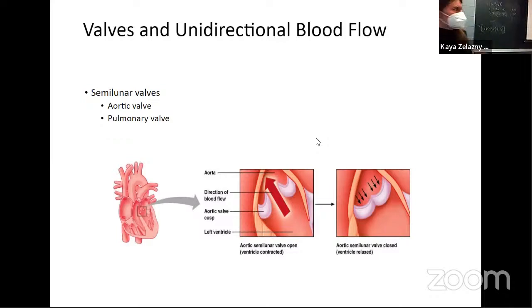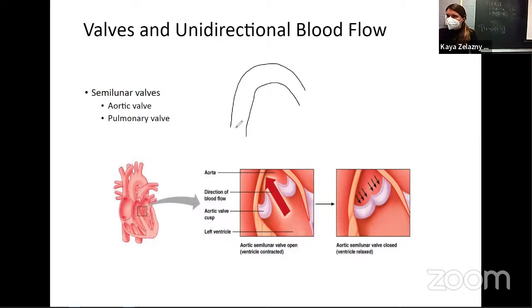So the other type of valves we have are the semilunar valves. We refer to them based on their locations, the aortic valve or the pulmonary valve. And what they look like, you can see the picture here, but I'm going to draw out the aorta, let's say. Okay. So here's our aorta, curved structure.